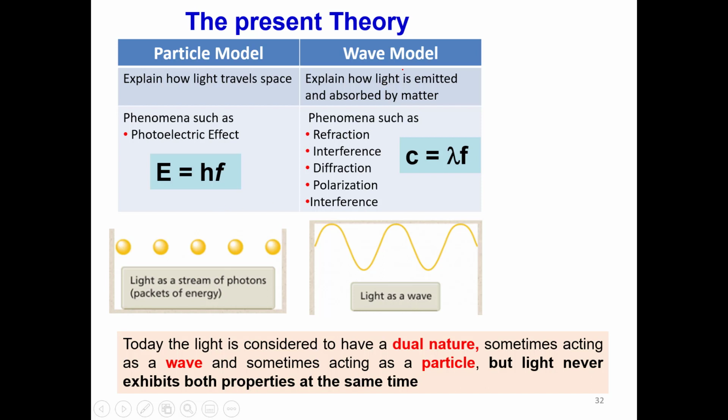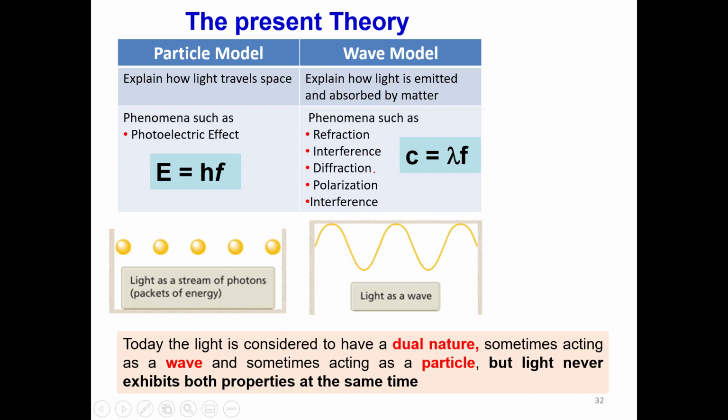But sometimes we need to apply the wave model to explain other phenomena. The wave model explains how the light is emitted or absorbed by matter. The wave model can explain phenomena such as refraction, interference, diffraction, and polarization.